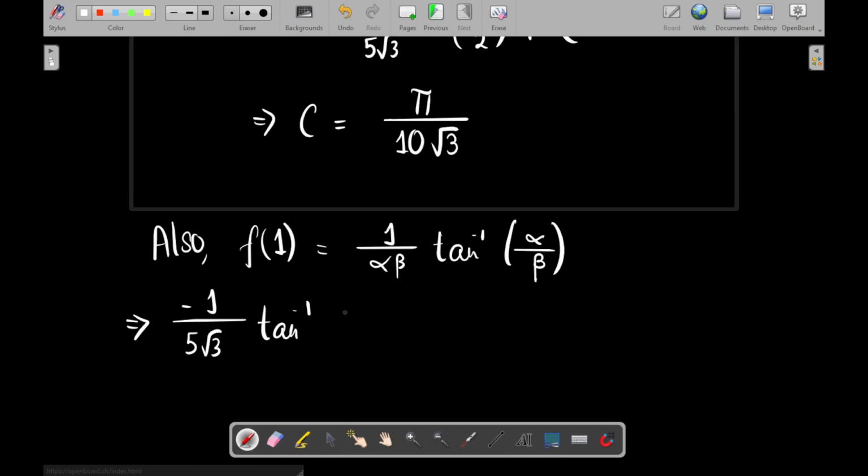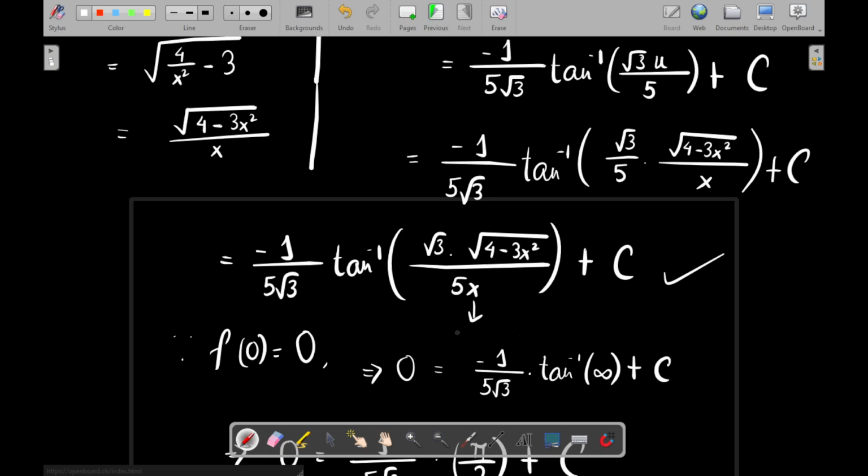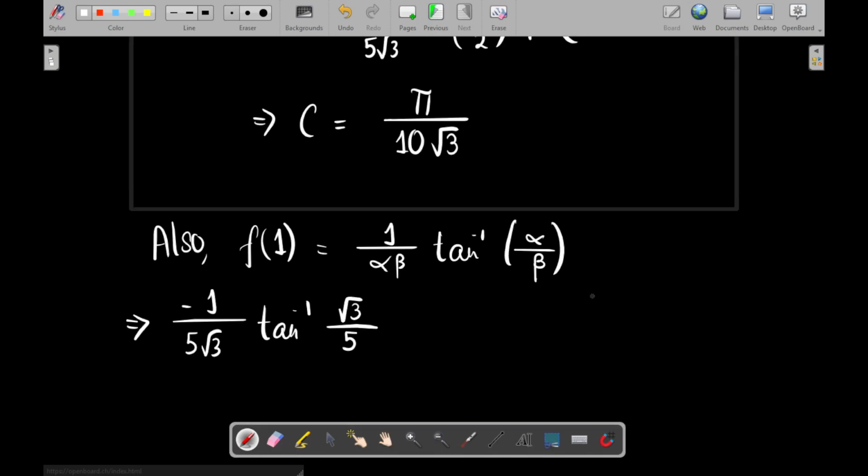So this becomes tan inverse of root 3 upon 5, right? Then we have this plus c, which is plus this value, pi upon 10 root 3. This is equal to 1 by alpha beta tan inverse of alpha upon beta.